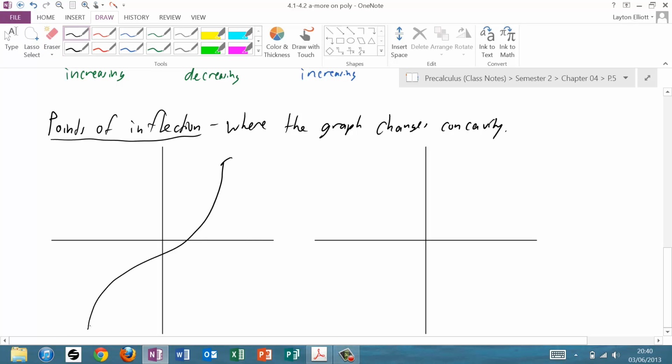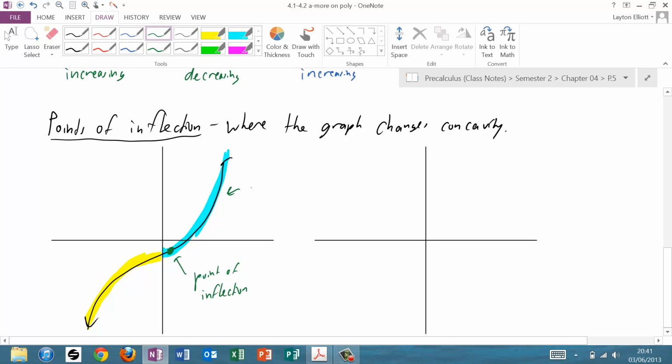That's better. So ignoring the grid right now, somewhere in here we have a concave down, and somewhere in here we have a concave up. So right in this middle region, somewhere in here, we have a change of concavity. And I'm going to call that point of inflection.